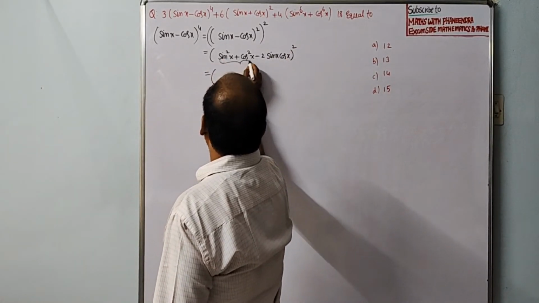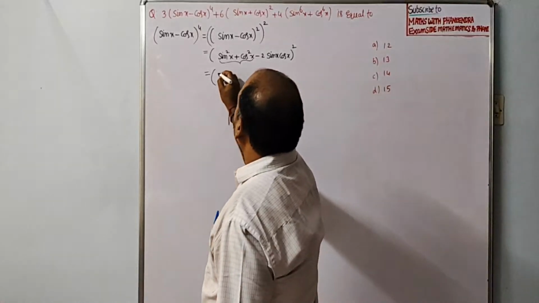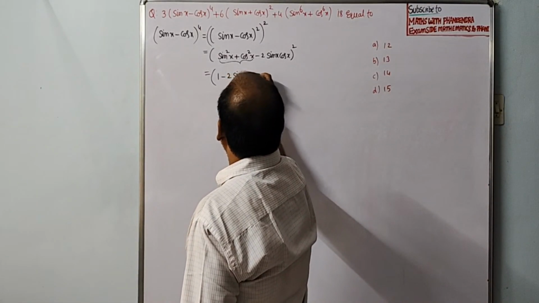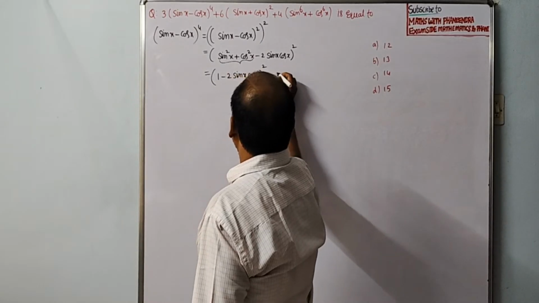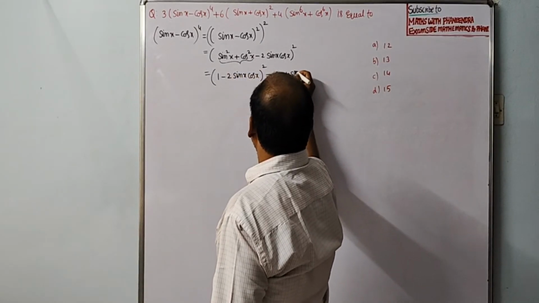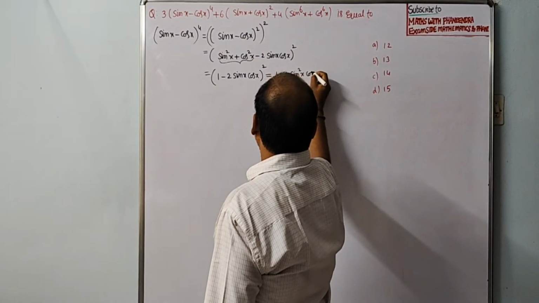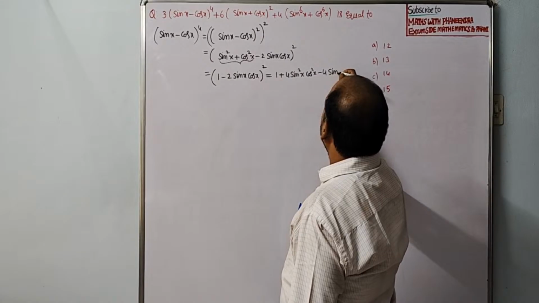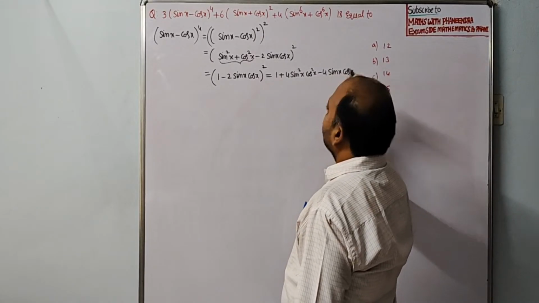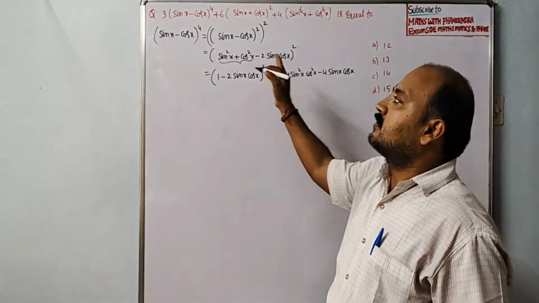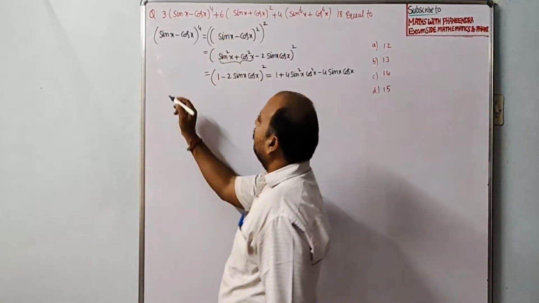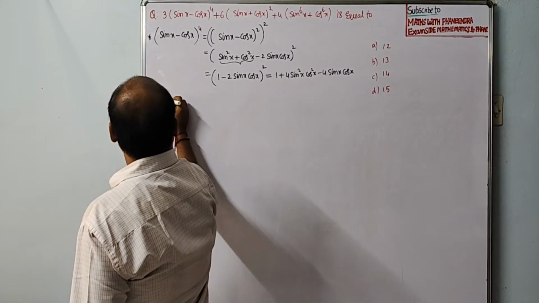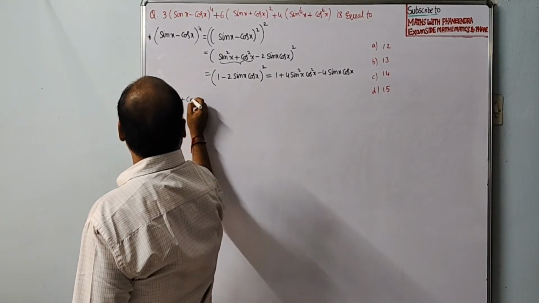The value of sin square x plus cos square x is 1, so it is (1 minus 2 sin x cos x) whole square, which is equal to 1 plus 4 sin square x cos square x minus 4 sin x cos x. So this is (sin x minus cos x) whole power 4; we have completed it.